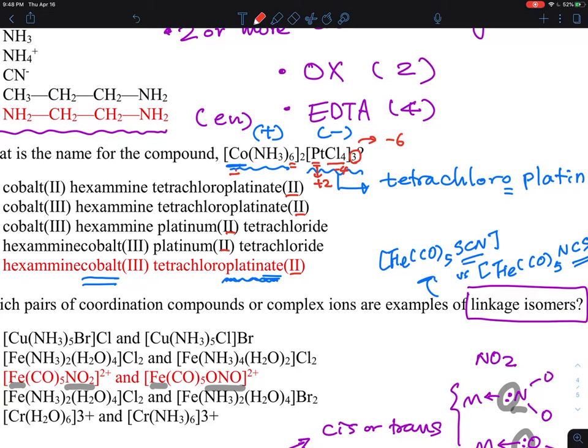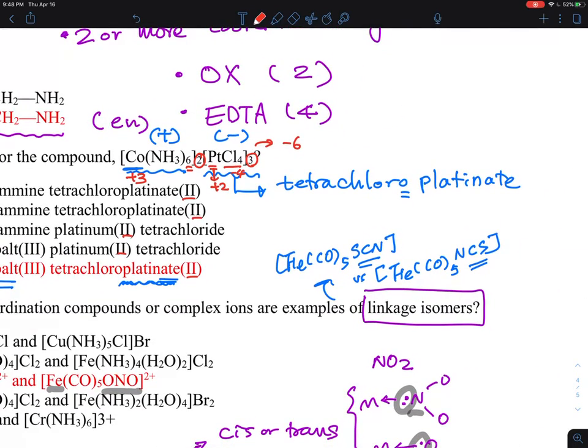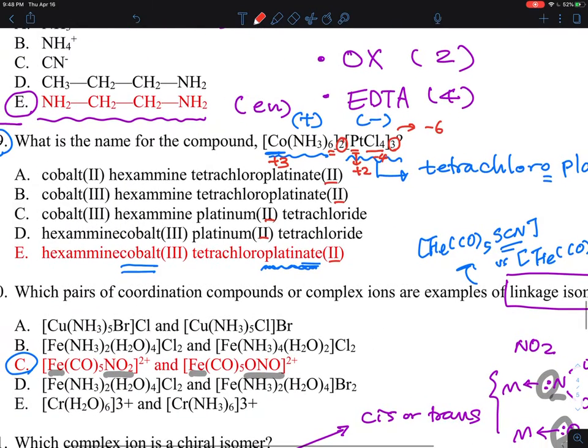This means the cobalt is 3+, to make 3 times 2, a +6. So platinate is +2, whereas the one that goes in front is hexaammine. So look for hexaamminecobalt.